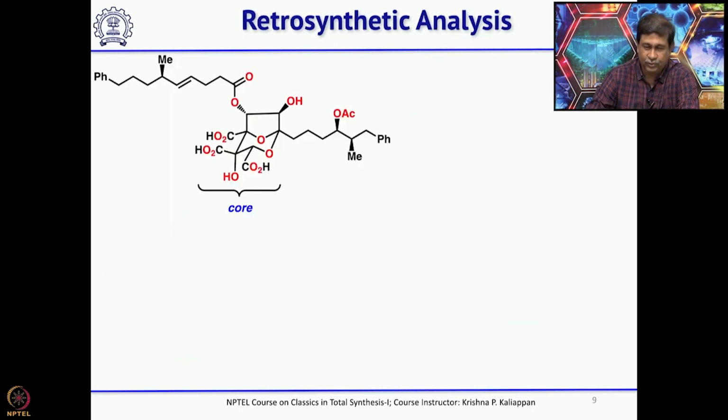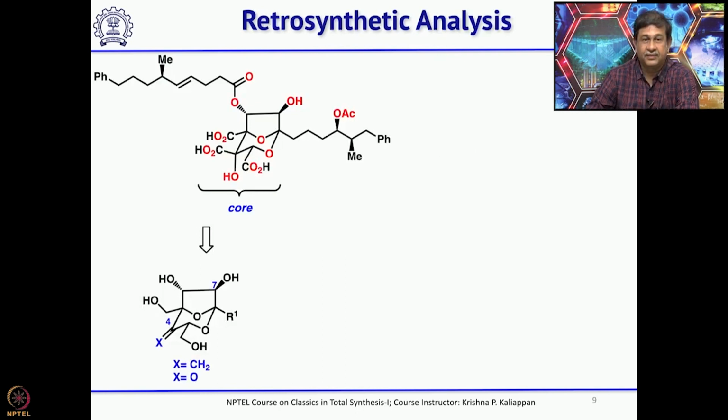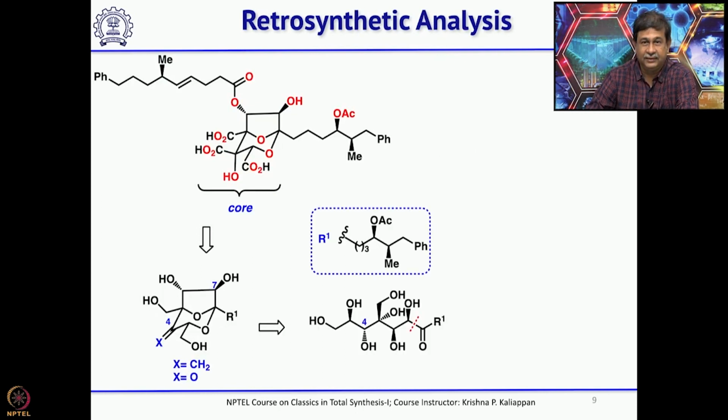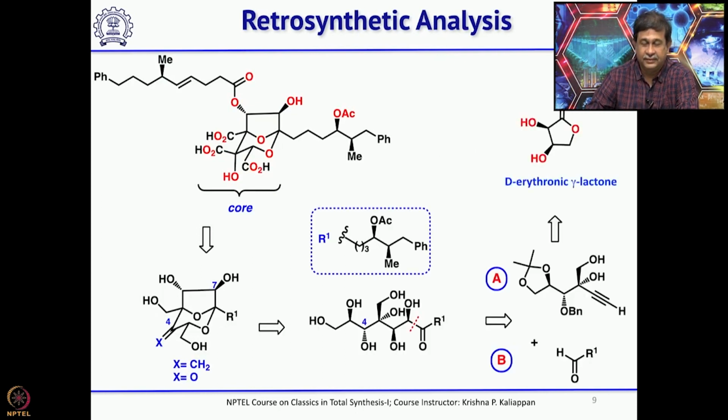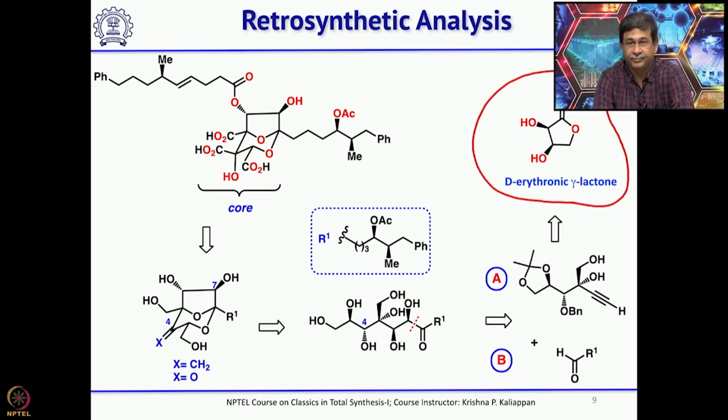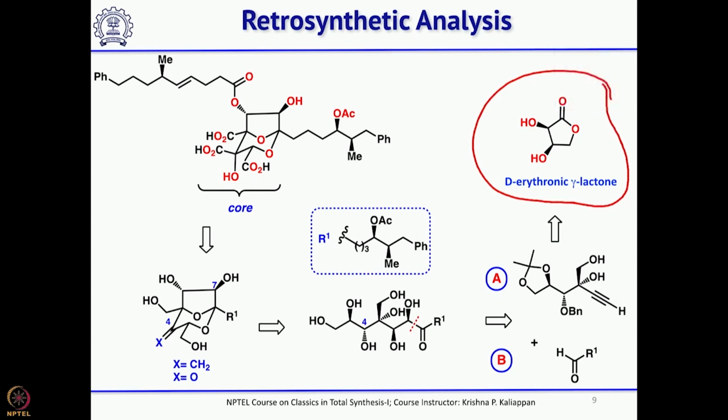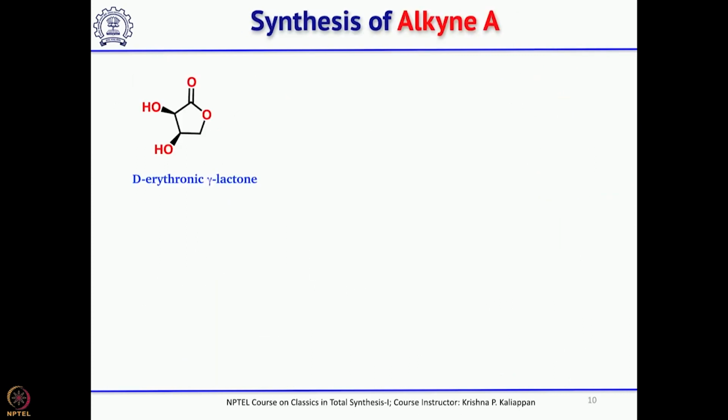So this is a chiron approach based on the retrosynthesis, as you can see here. This is the chiral starting material, which can be made in a few steps from a commercially available compound.